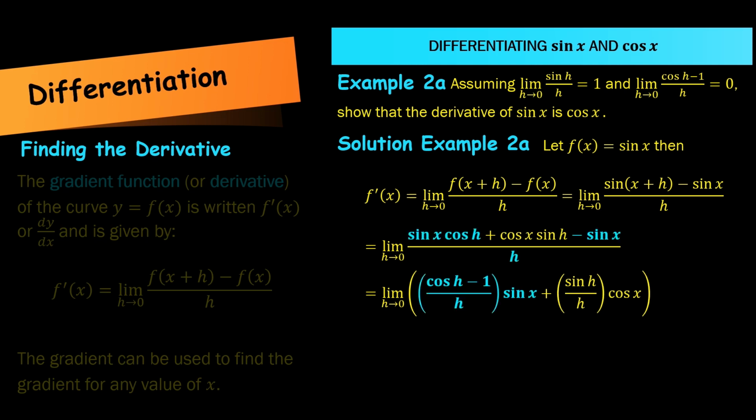We can now collect some of the terms together, as shown. So factoring out sin x in these two terms, we have cos h minus 1 all over h multiplied by sin x. And here we have sin h over h multiplied by cos x.